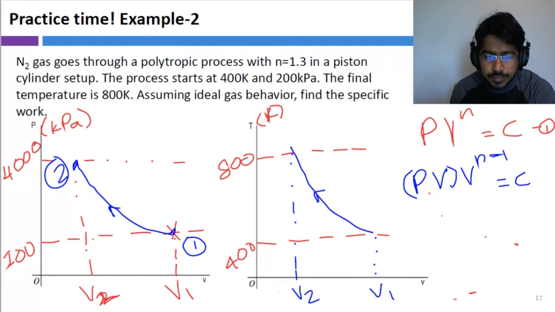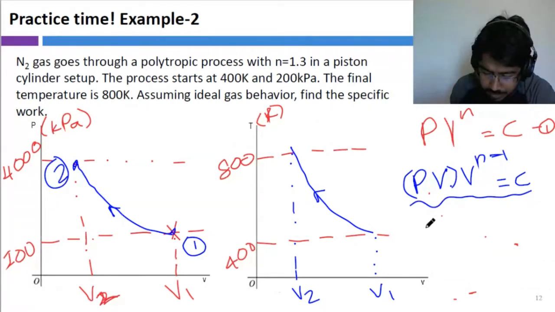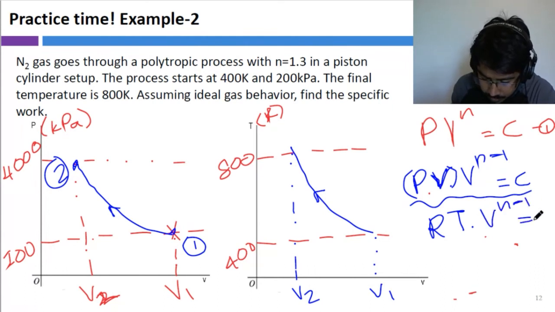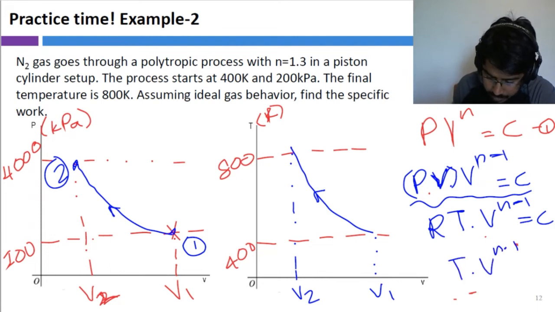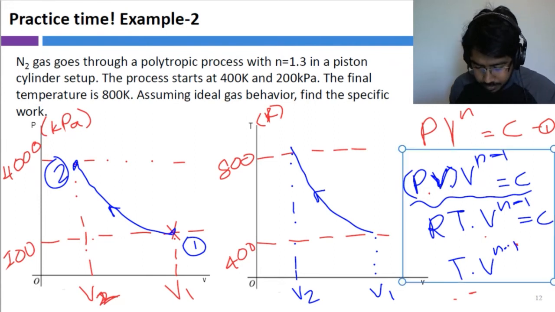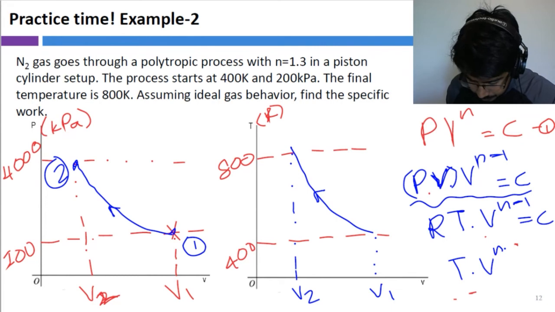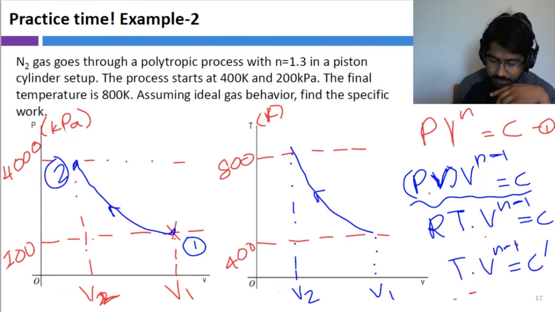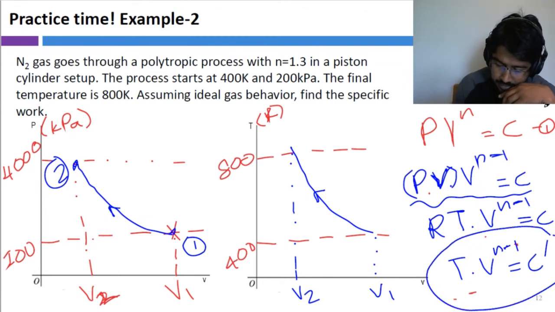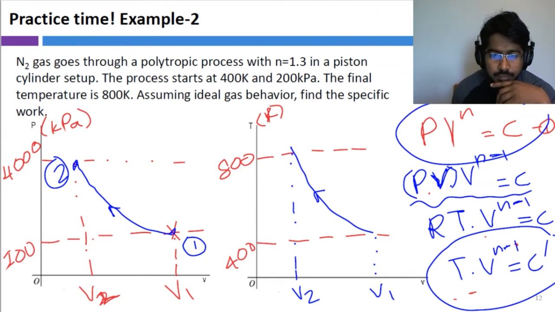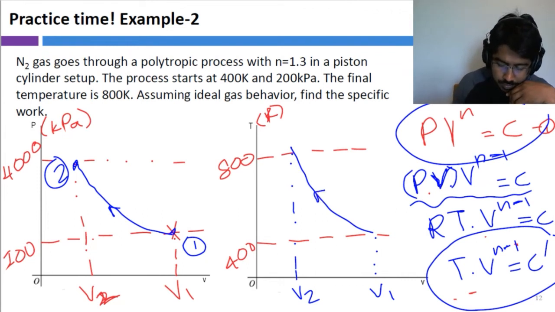It's just a reconfiguration. From the ideal gas equation, we know that PV can be written as RT, if it is given in specific volume. So RT v to the power n minus 1 equals C. So again, T v to the power n minus 1 equals C prime. So we see that this is a similar curve to this one. The power of the volume has changed a bit, so it's going to be a similar curve from state 1 to 2.